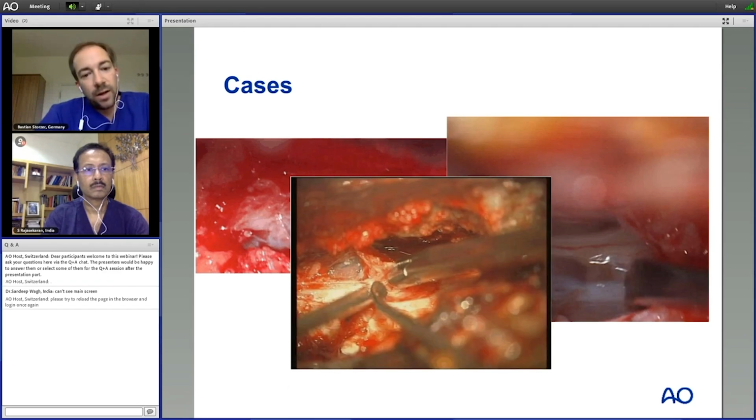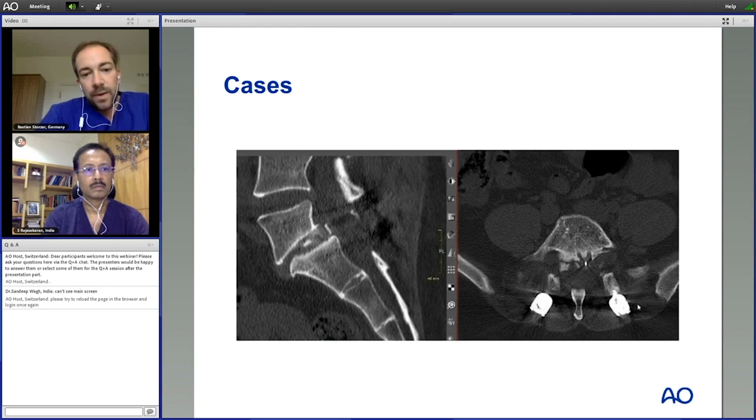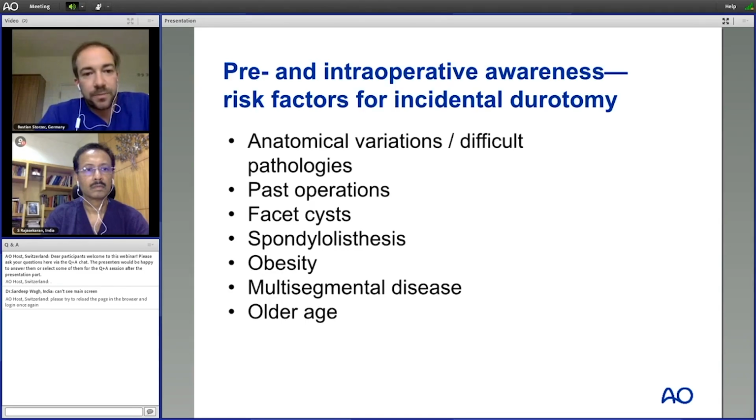And here you have adhesions on the facet. And of course, like we heard before, in this case we had dural leakage as well. It was a pseudoarthrosis in TLIF or in PLIF insertion, and we removed the cage and did a new TLIF from medially. But this is, as we know before.